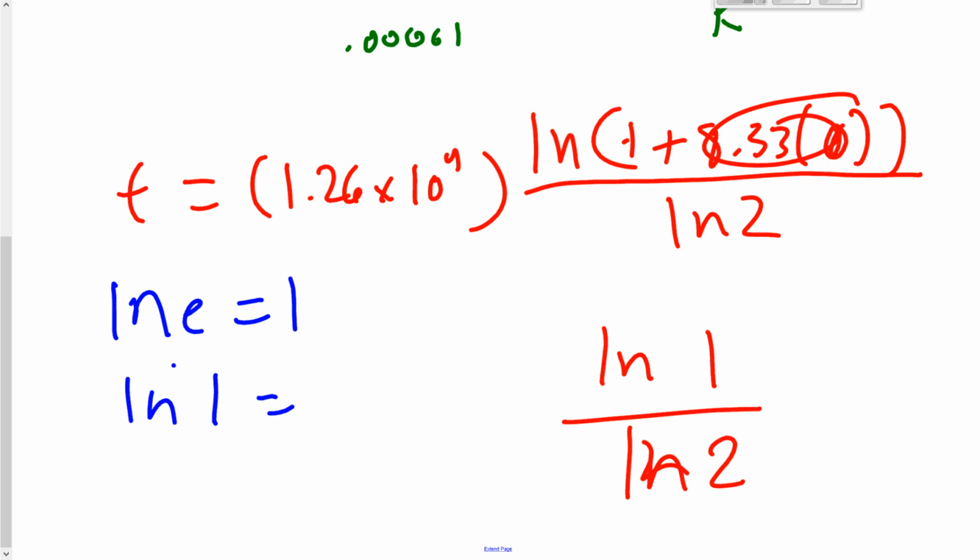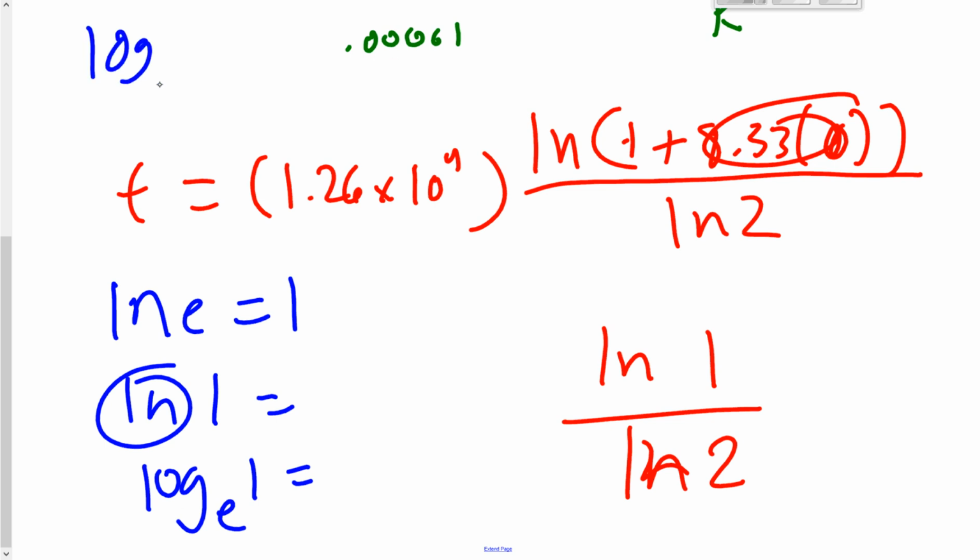Well, remember from the last video, ln is the natural log, so log with base e of 1. This is asking e raised to what is 1? The answer to all log base a of 1 is always 0, right? So this is 0.